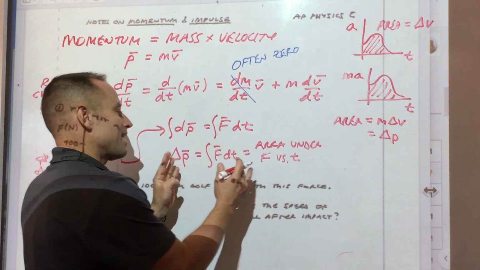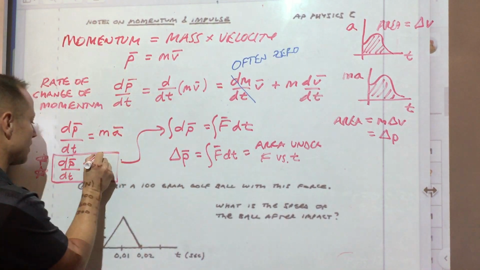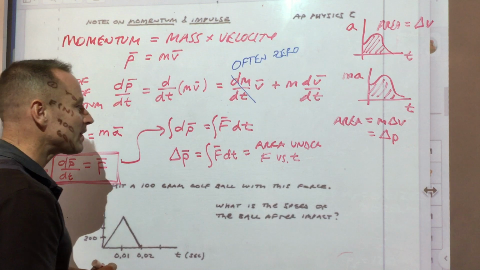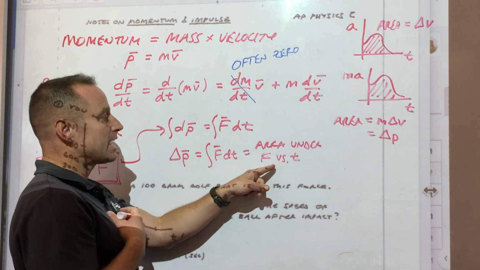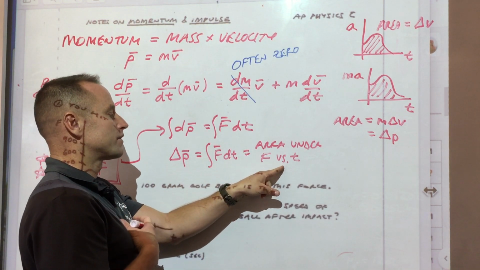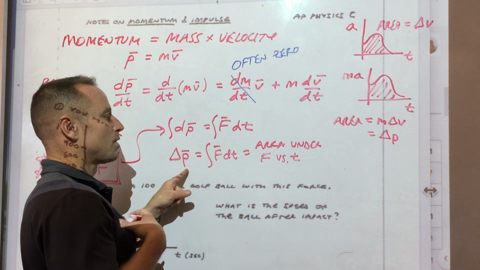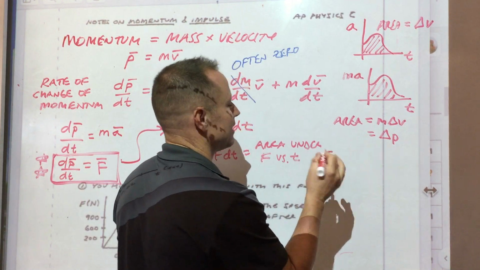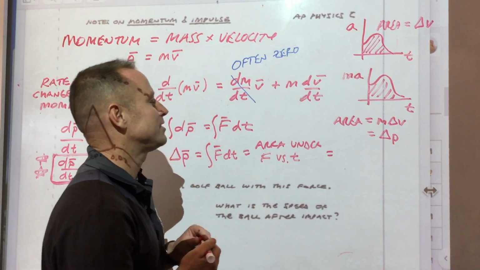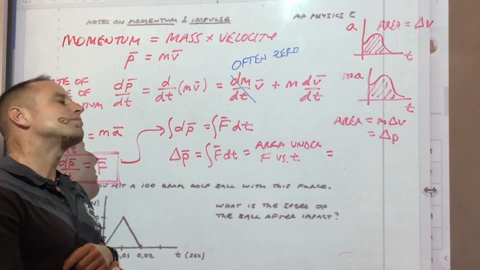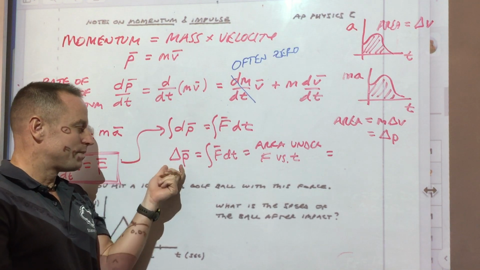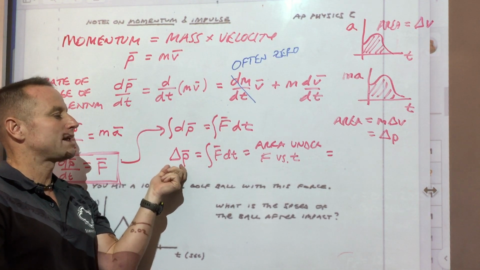Now, one last thing I have to add here. Our two big takeaways are this: force is the rate of change in momentum, and the area under force versus time is the change in momentum, right? Now, this is unfortunate, but it's a notational thing, and I don't know the history of this, but for some reason, somebody has decided to make a symbol for the change in momentum.